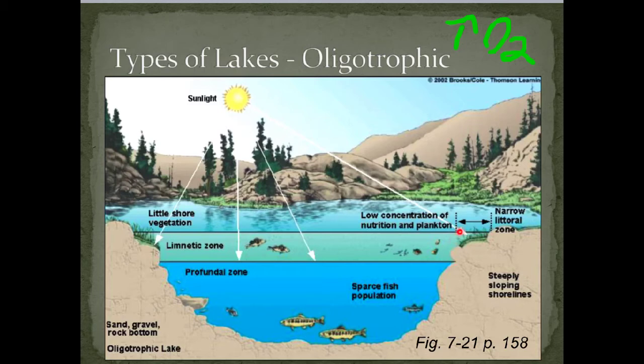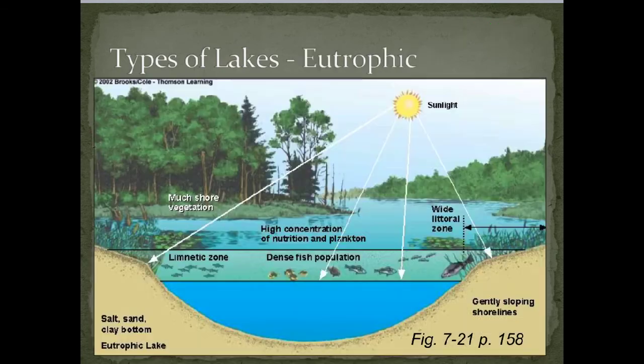You have steep drop-offs, very low organic material buildup down below, narrow littoral zones, little shore vegetation. And these are some key things that you'll see with an oligotrophic lake. And then fish also tend to swim all the way throughout, and they'll be down at the bottom, not just at the top.